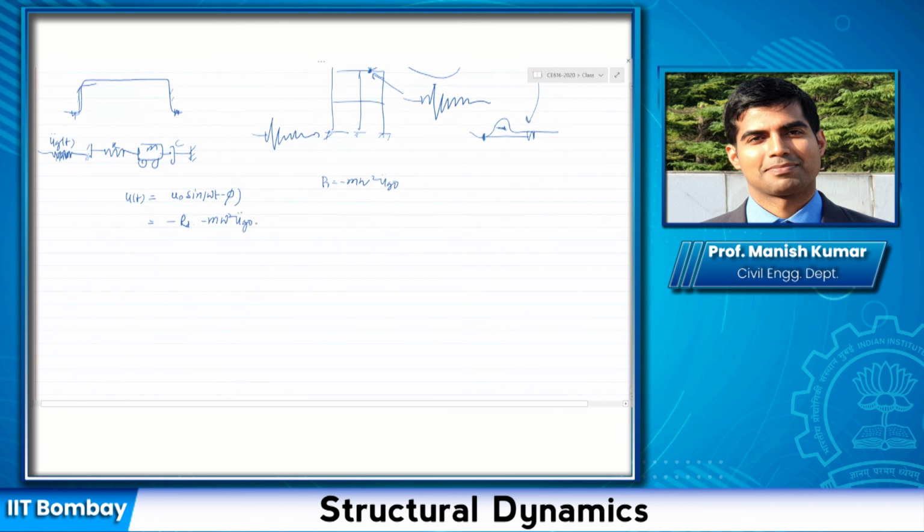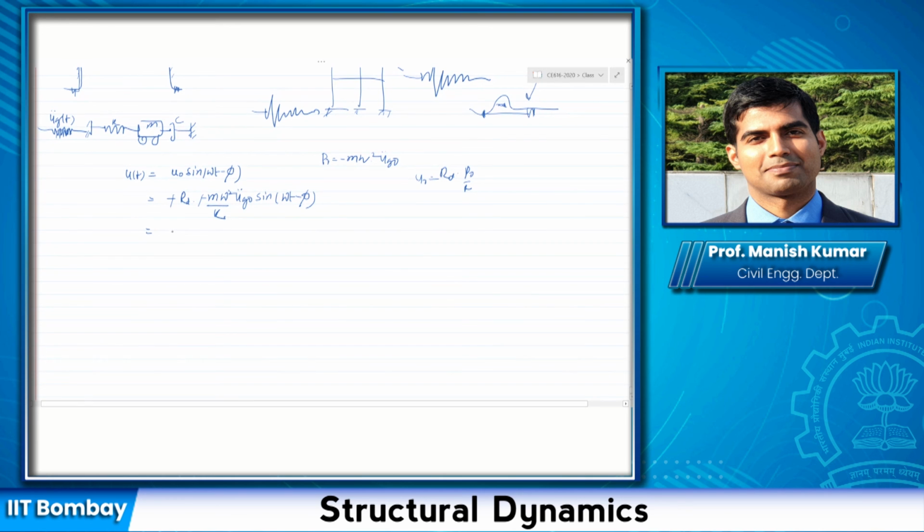And then there is a k term below. So this is basically Rd, p naught by k, which I am writing for u naught. So I can write this as Rd times ug naught divided by omega n square. This is the amplitude of the motion.